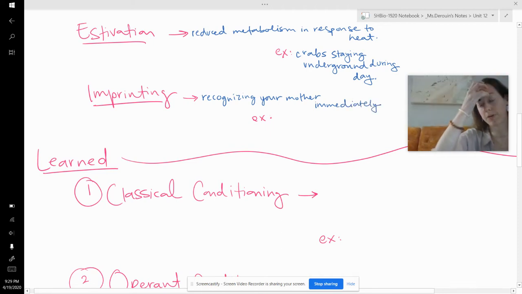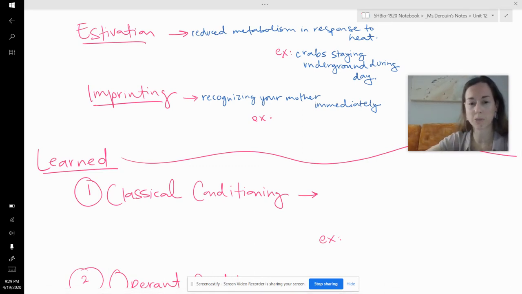And the best example, or my favorite example of this at least, is ducks and ducklings. This is why the ducklings will follow the mother duck in a line, because they've imprinted on that mother. There's actually a pretty cool example of a bunch of ducklings that imprinted on a man because he was there when they hatched.